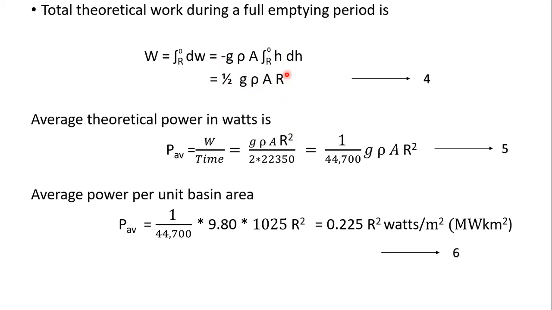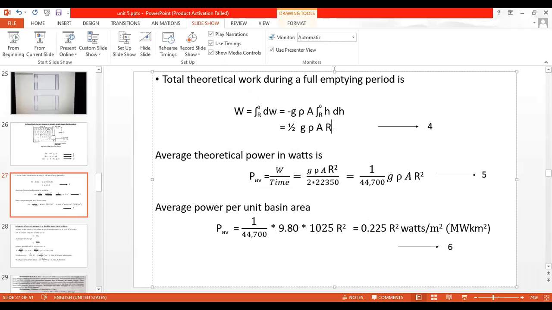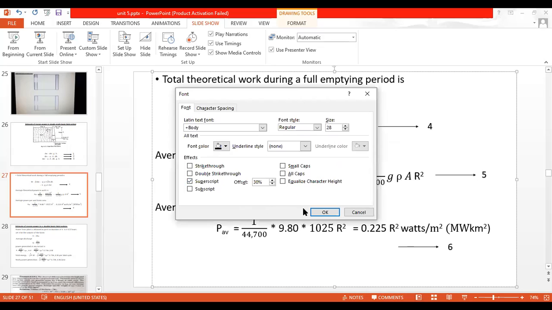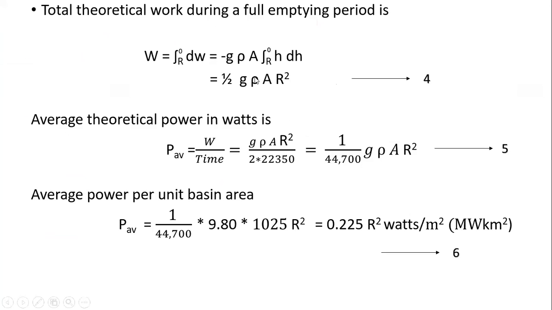R square should be there after integration, so minus minus gets cancelled and R square remains.